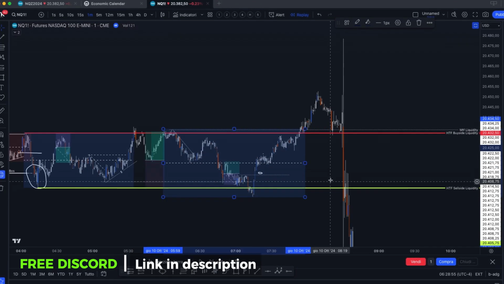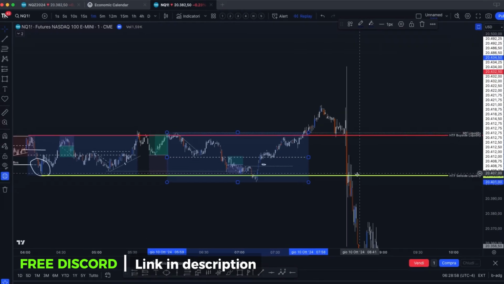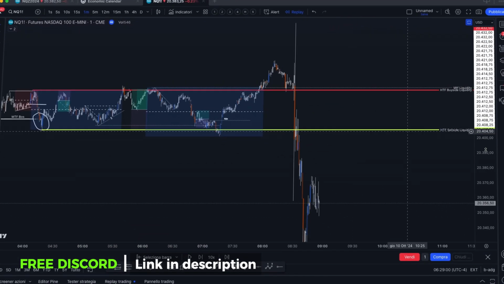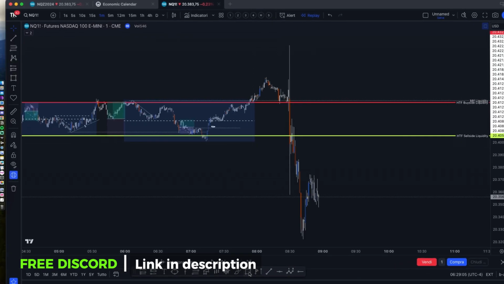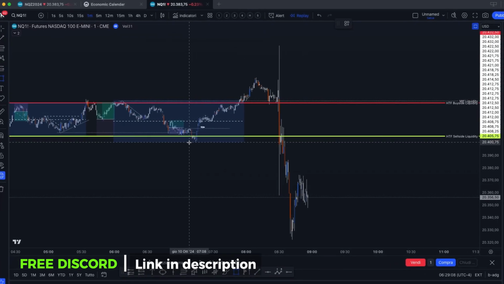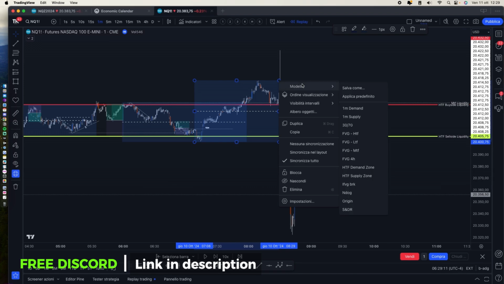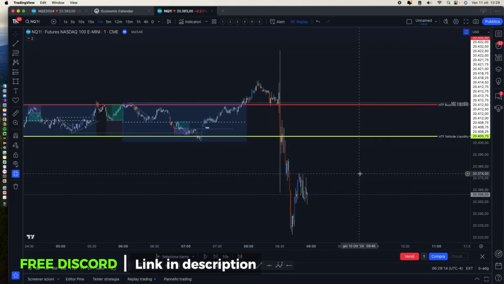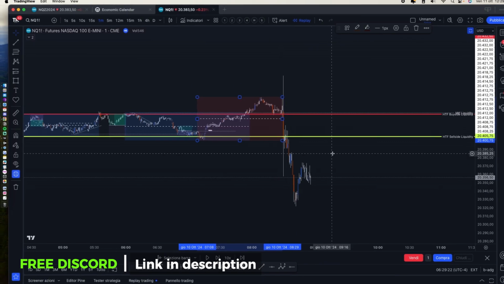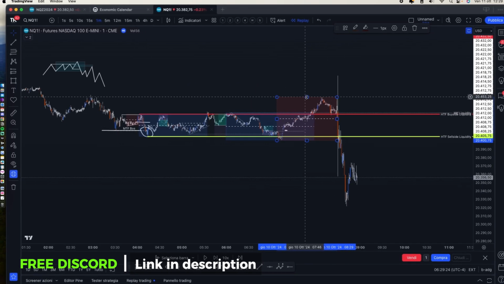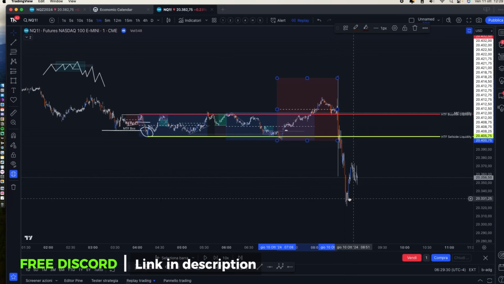Okay, 8:30 in the morning, big news is coming, so I will not trade. And on the news that we have, we get a manipulation here. Okay, moving bearish. So now we are bearish because we have news. To be honest, I do not trust the news.